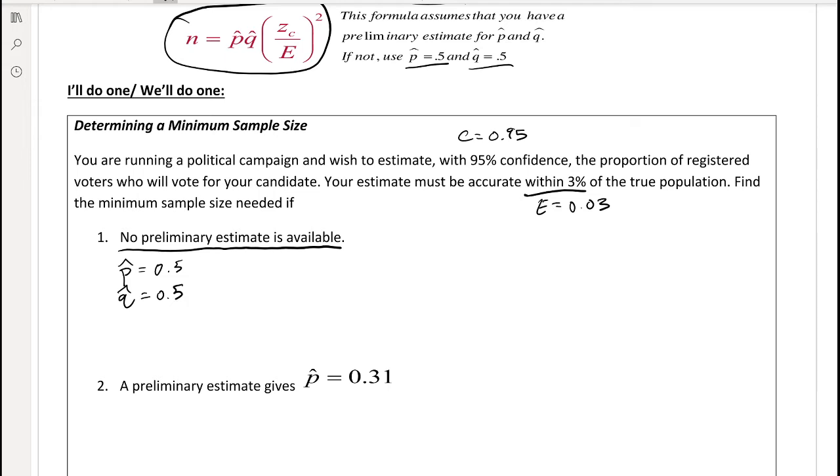So now I have 3 out of the 4 pieces of information that I need to find my n. I got my p hat, I got my q hat, I have my margin of error. The only thing I don't have is my z critical.